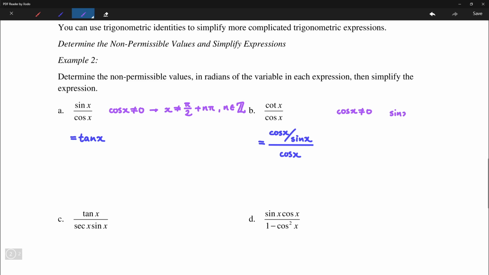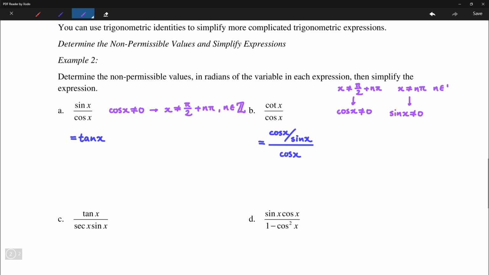So sine x also cannot be equal to 0. So now this first expression has a restriction of x cannot be equal to pi over 2 plus n pi, where n is an integer. And the second expression here says x cannot be equal to n pi, where again n is an integer in both cases.